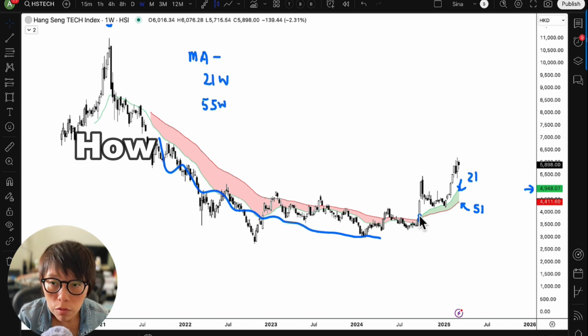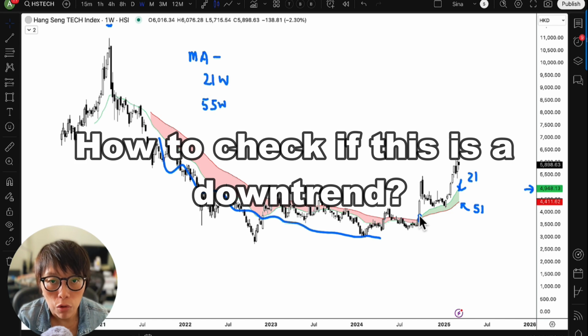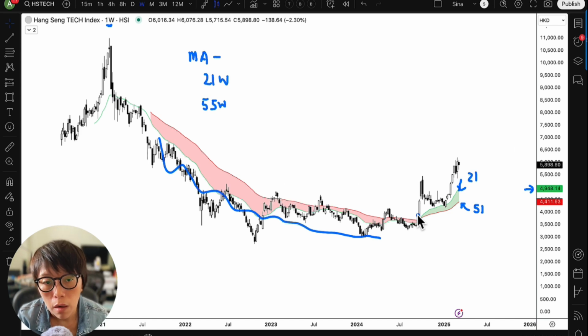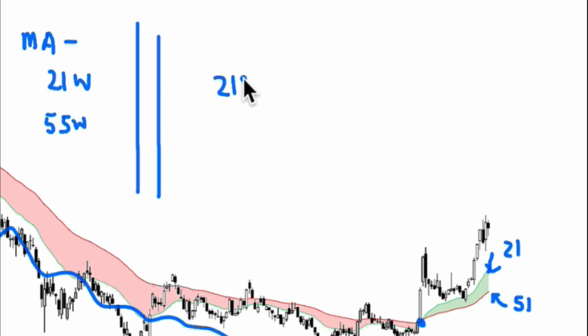If I want to know that this is a downtrend, a downward movement, then the formula would be: the 21-week, which is a shorter-term moving average, is less than the 55-week. This gives us a bearish trend. Why is that so?